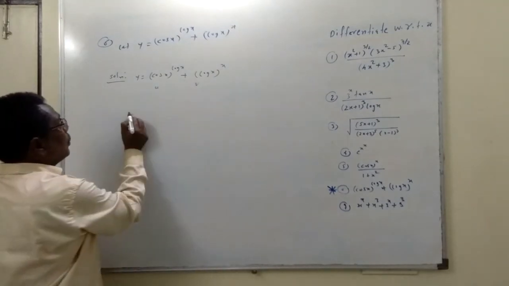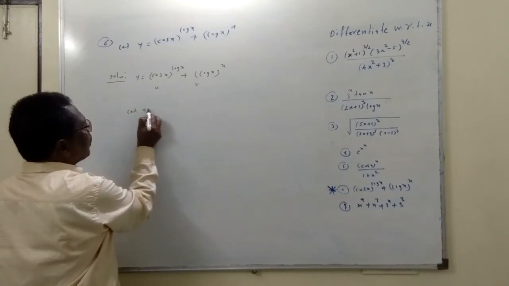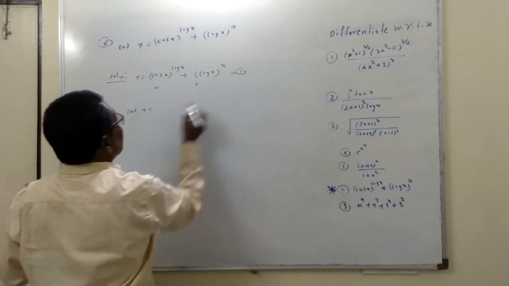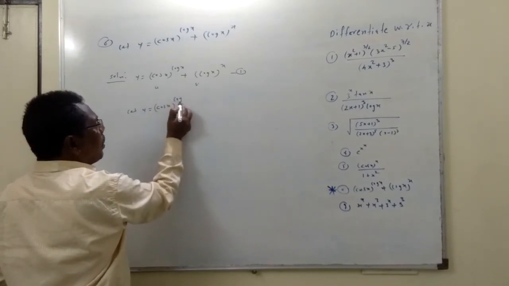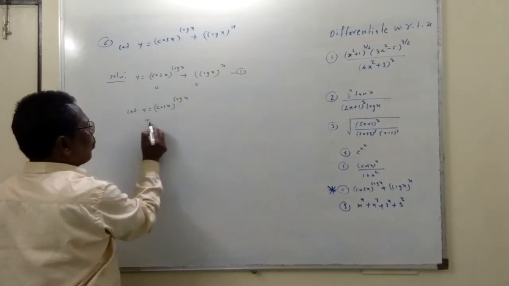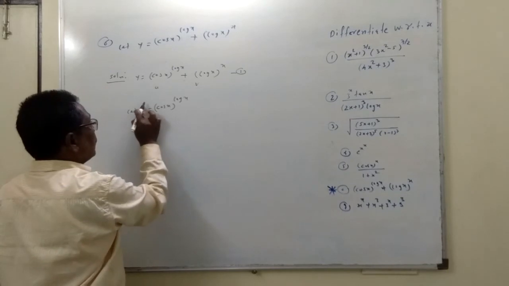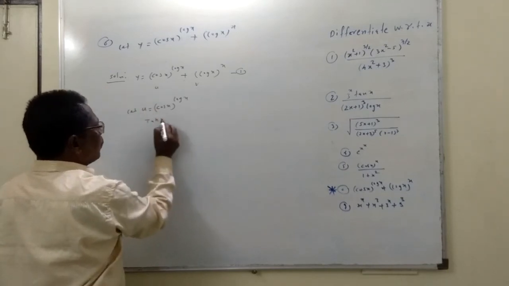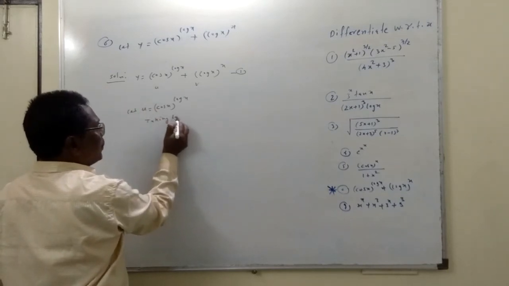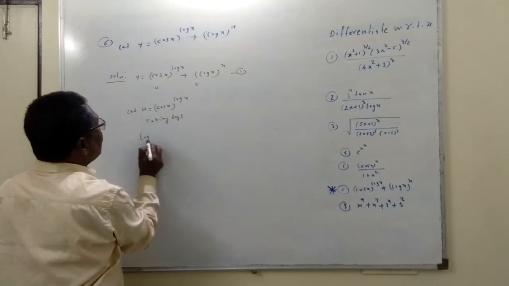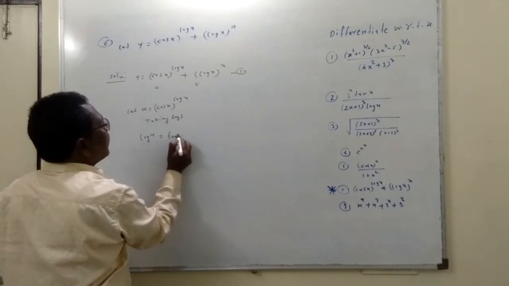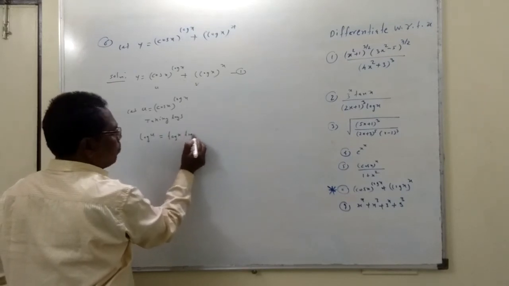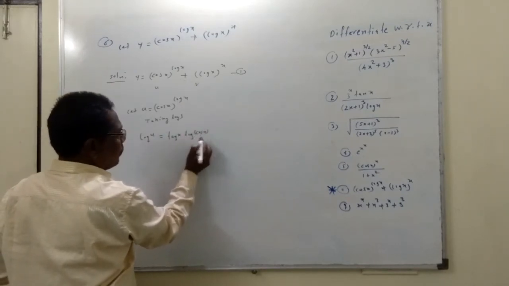So let u equal cos x raised to log x. Taking logs, log u is equal to log x times log of cos x.